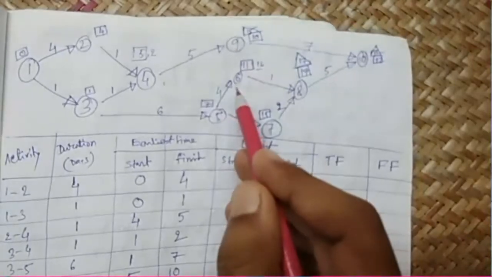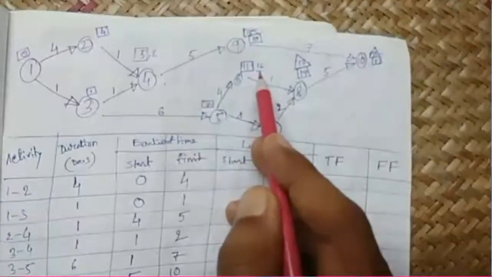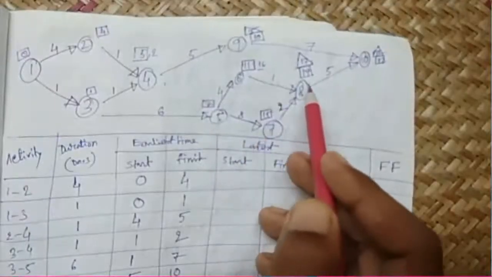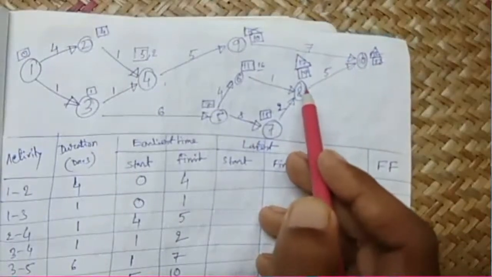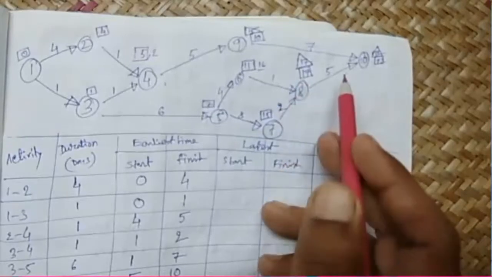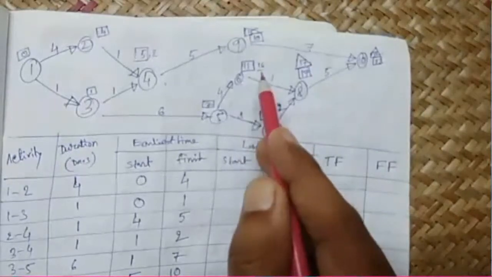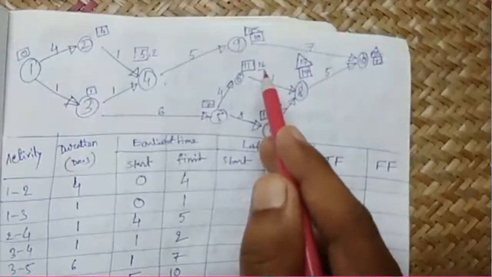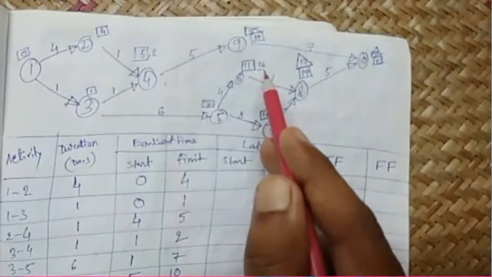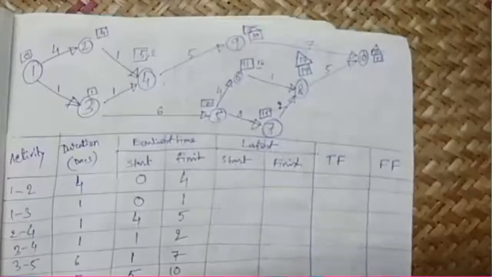Even if 5 6 takes 16 days instead of 11 days, event 8 or 8 10 can still be started after 17 days. There is no delay on the project. So the latest finish time for 5 6 may be 16, and this will not cause any delay on the total project. Understood? So that's why we write the latest finish on 5 6 as 16.